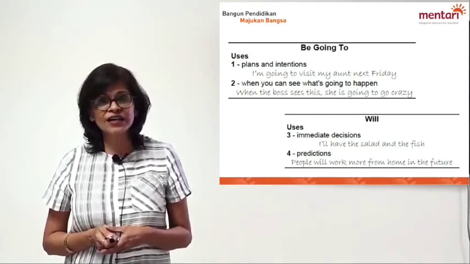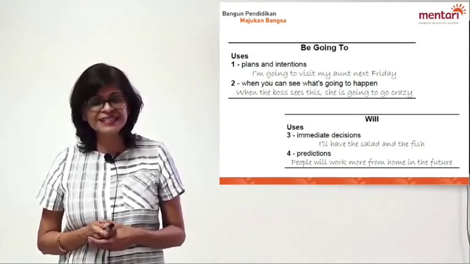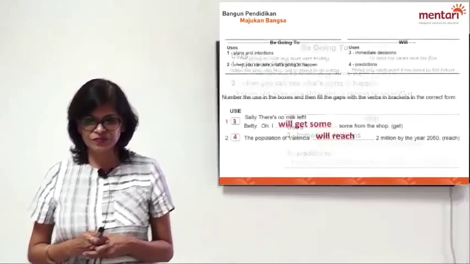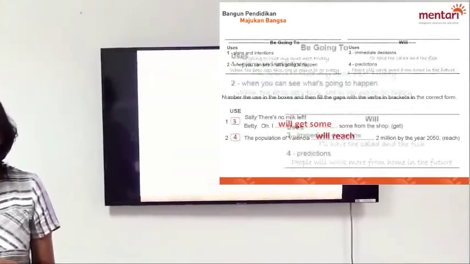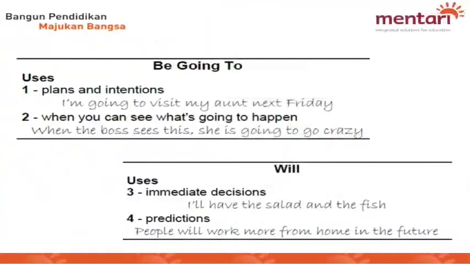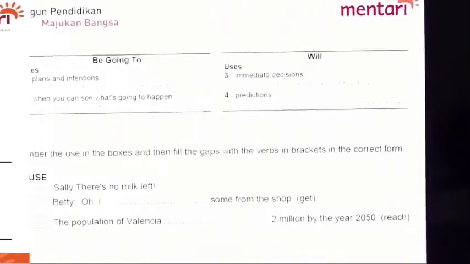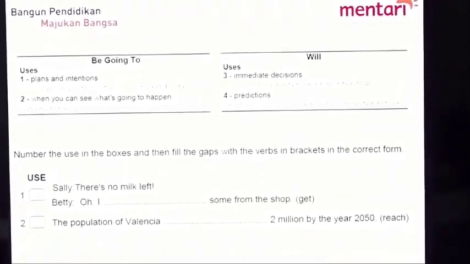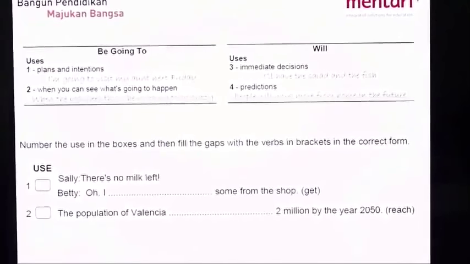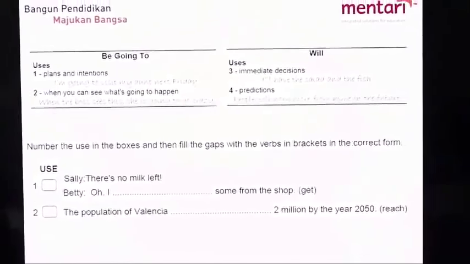Let us try to do the exercise together. All right? Number 1, Sally. There's no milk left. Betty. Oh, I blank some from the shop.